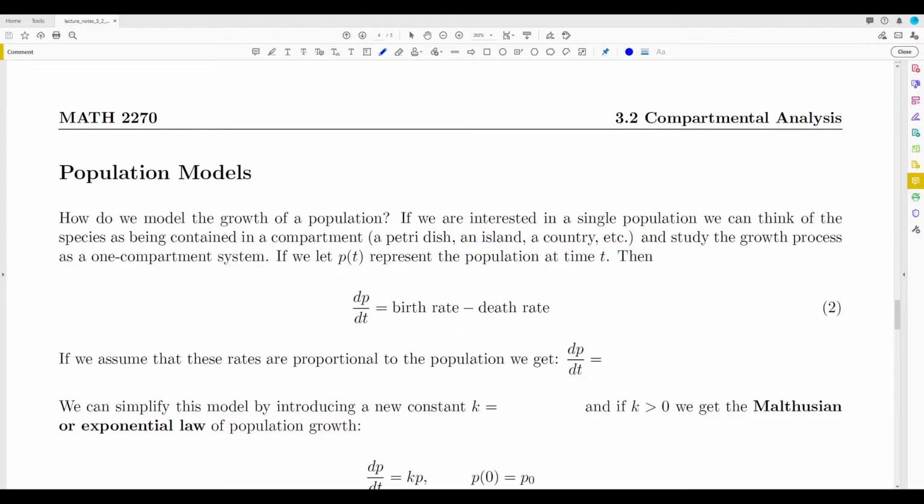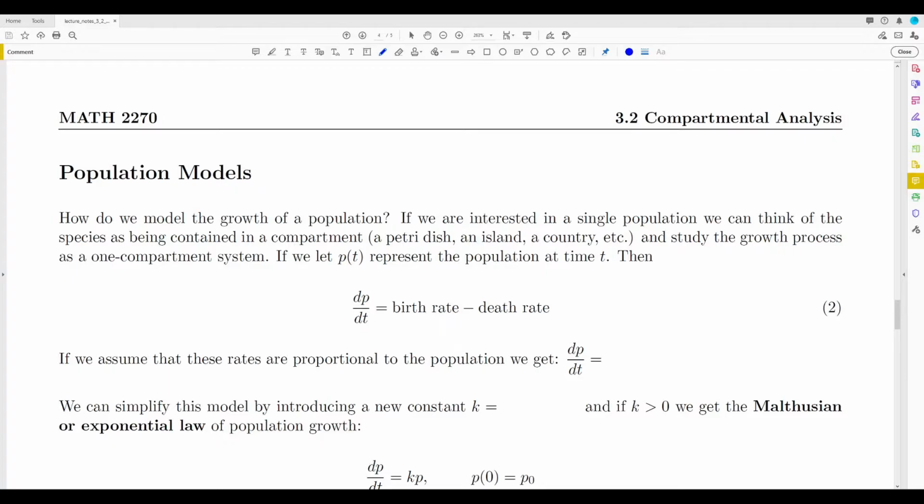If we let P of t represent the population at time t, then we can model dP/dt by taking the birth rate and subtracting the death rate. Here's where we ignore immigration or emigration from a country.